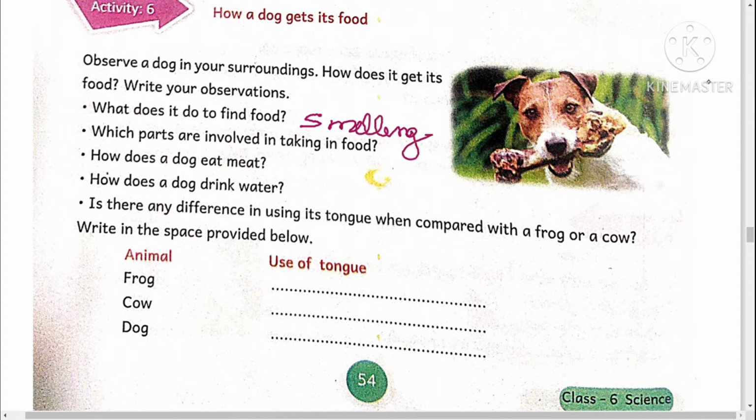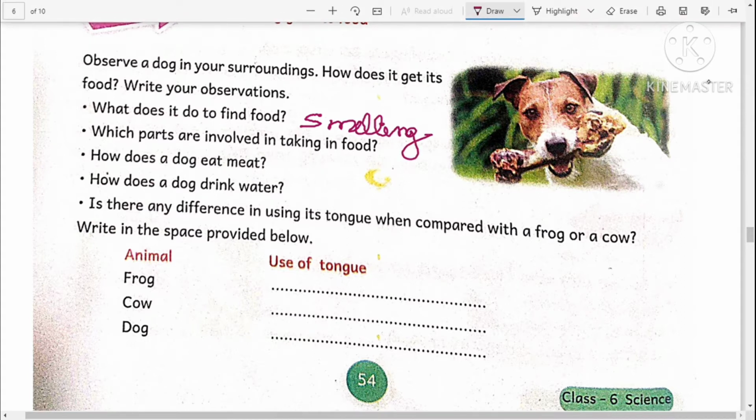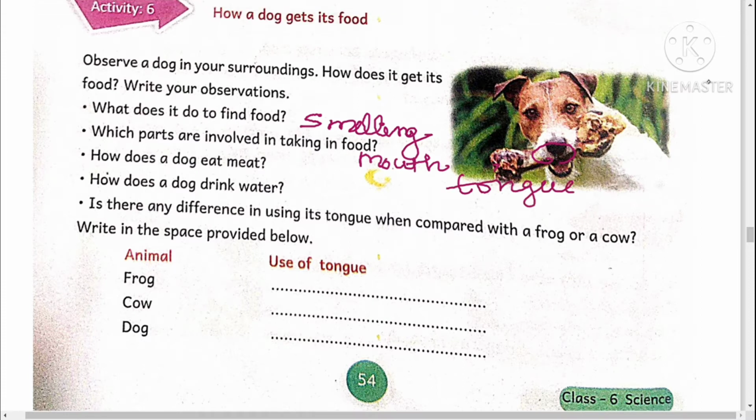Okay, children? Smelling. And a dog's nose is 1,000 times more sensitive than ours. So which parts are involved in taking food? Mouth and tongue. With the help of mouth and tongue, they can take the food into their mouth. Okay, children? How does a dog eat meat?